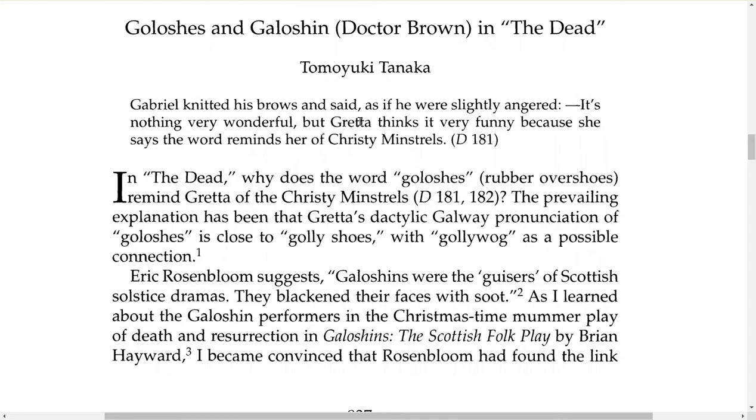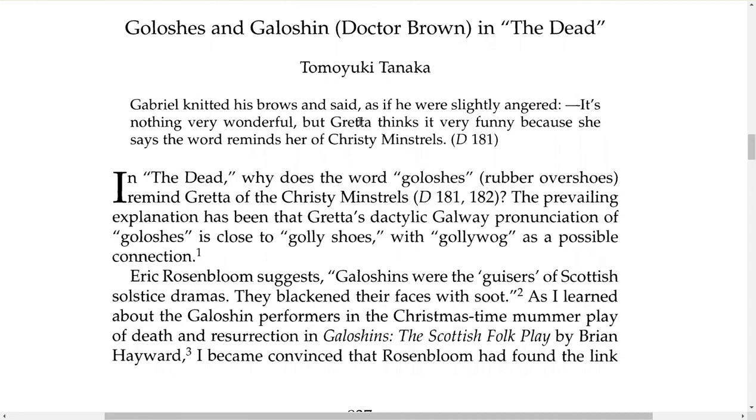Eric Rosenblum suggests, okay, that Galatian were the guisers of Scottish solstice dramas. They blackened their face with soot, as I learned about Galatian performers in the Christmas-time Mummer play of Death and Resurrection in Galatians, the Scottish folk play by Brian.